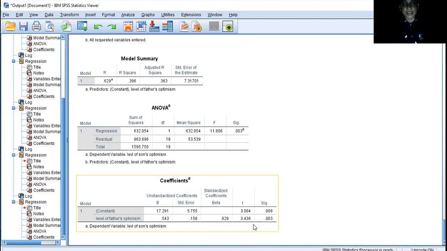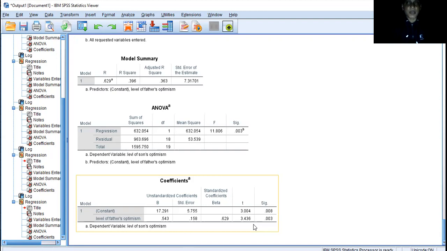So t(18) is equal to 3.436, p is less than 0.05, and therefore the predictor variable, that is father's level of optimism, is good enough to predict son's level of optimism. So that is the answer we have got for C part.